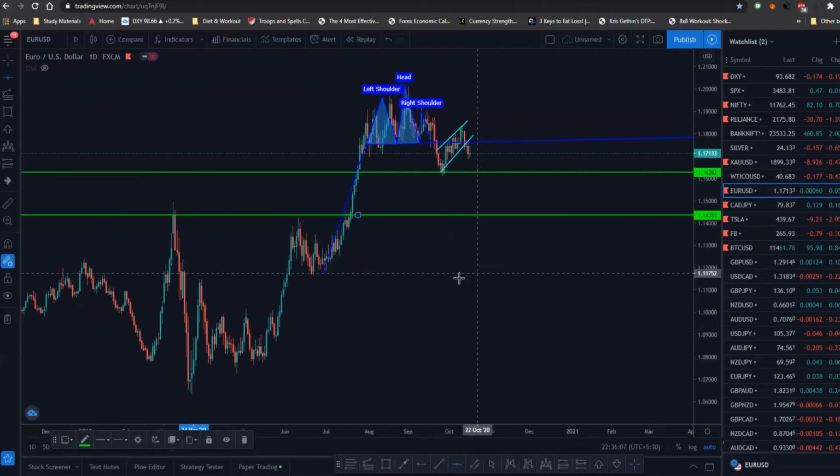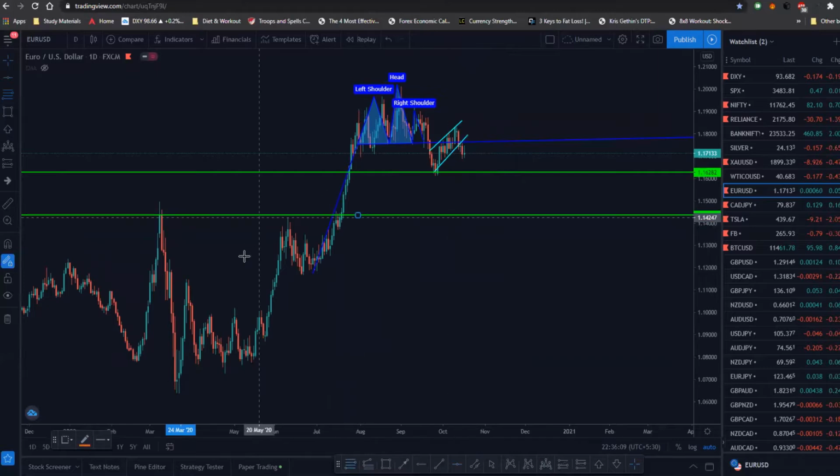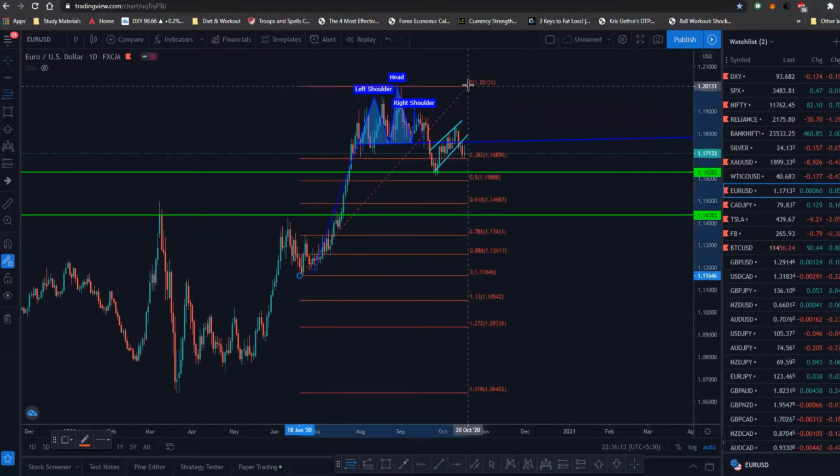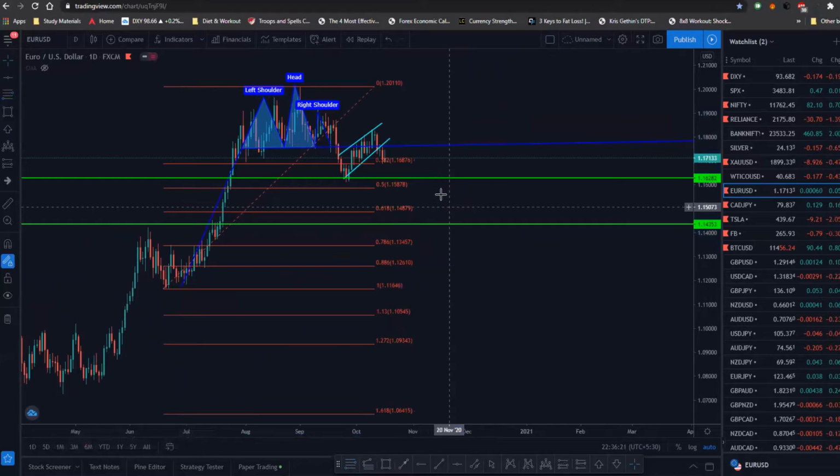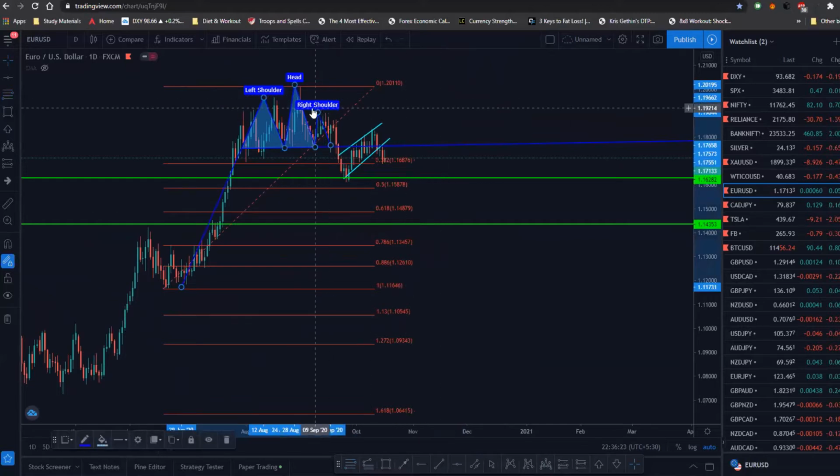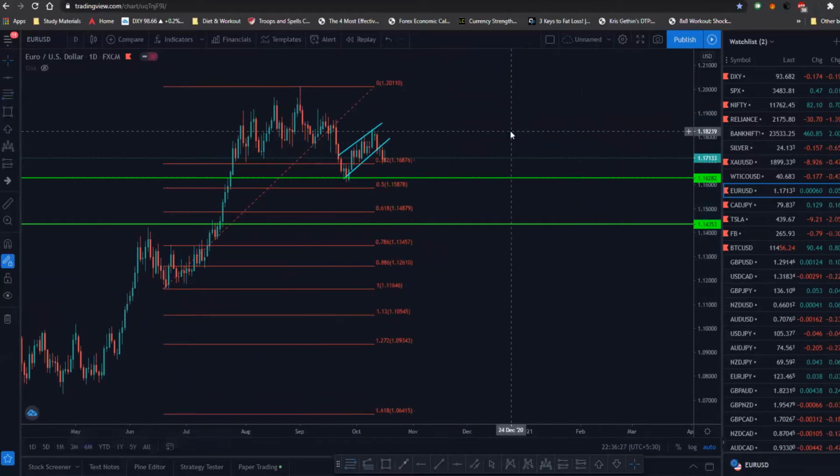Now let's pull in some Fibonacci again. Let's see whether it makes sense. Right from the top down to up, it has already tested 382. Now let's see whether we have an AB equal to CD pattern as well. Let's remove this head and shoulders for now.